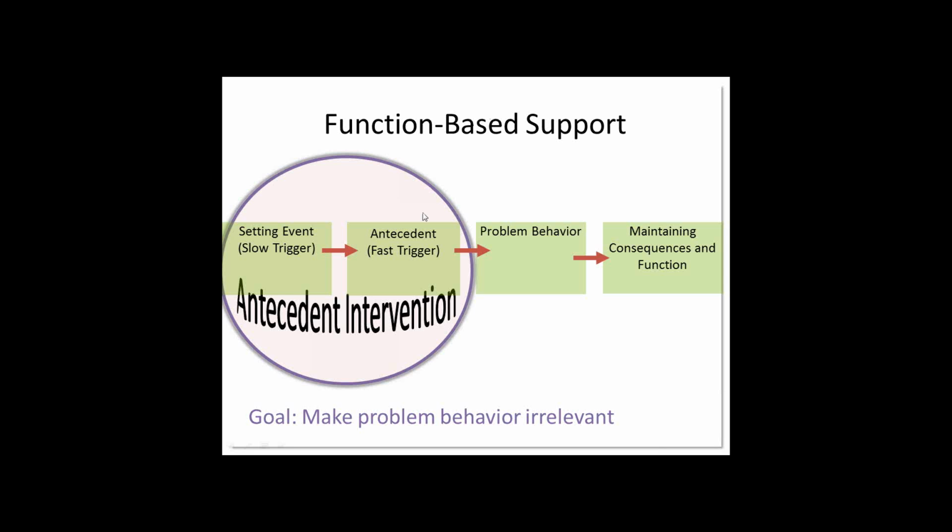And you're looking at what are those antecedents and those setting events for those problem behaviors, those slow triggers, those things that may have happened in the background before school or before they went out on the playground that then led up to that blow up on the playground that then got carried back into the classroom. And now there's been an issue in the classroom and we can't get the student back.